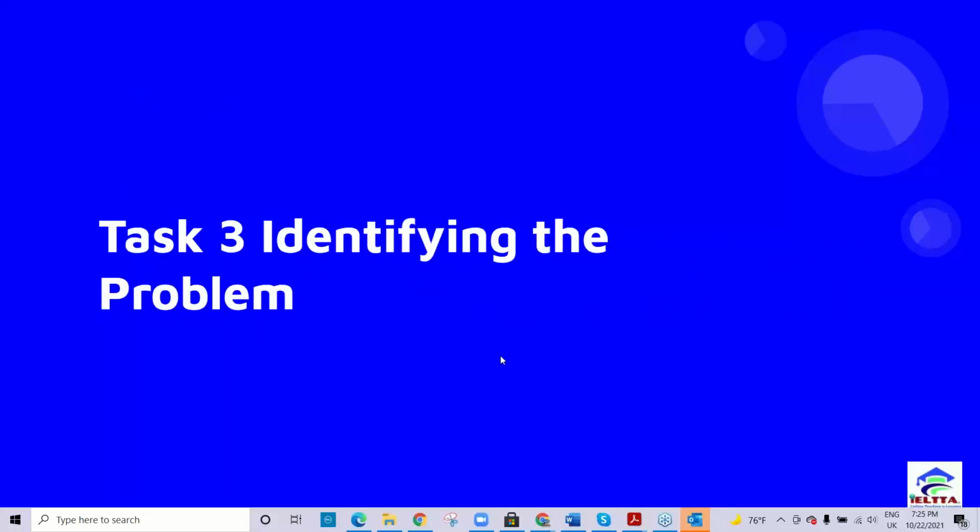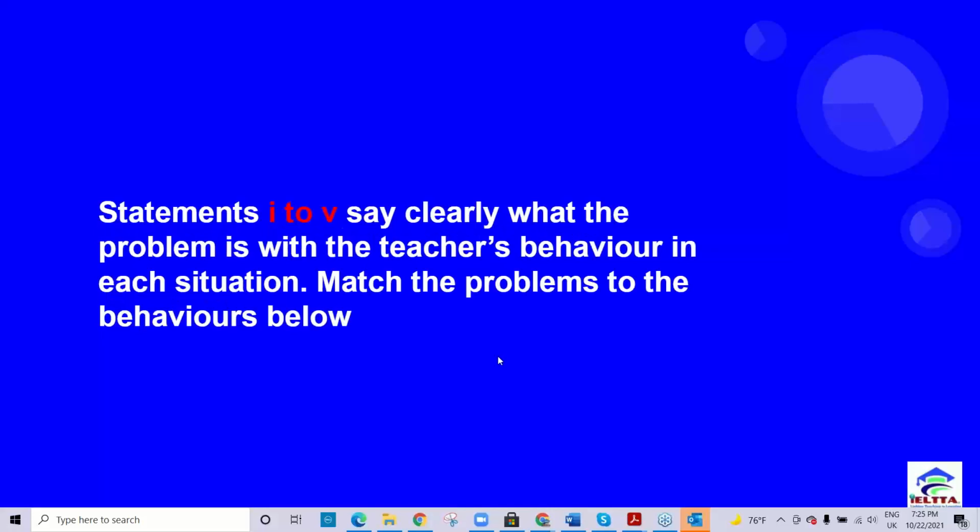Task 3, identifying the problem. In the coming task, statements from 1 to 5 say clearly what the problem is with the teacher's behavior in each situation. I want you to match the problems to the behavior below.